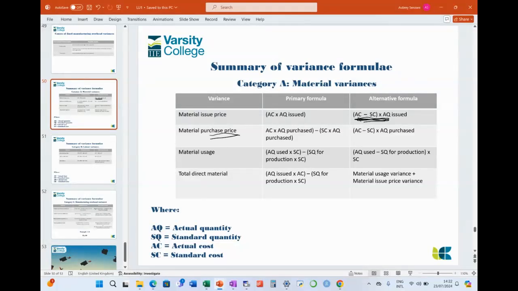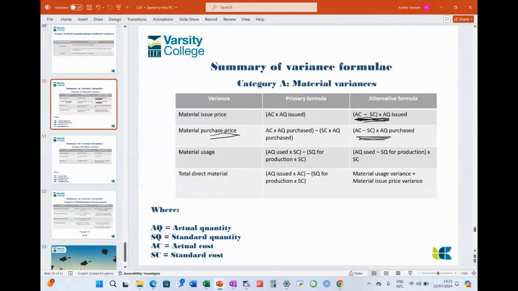Material purchase price, again. So maybe they are highlighting that the formula is the same, but what is the difference? Remember I said I duplicated the slide. It turns out I didn't actually duplicate.